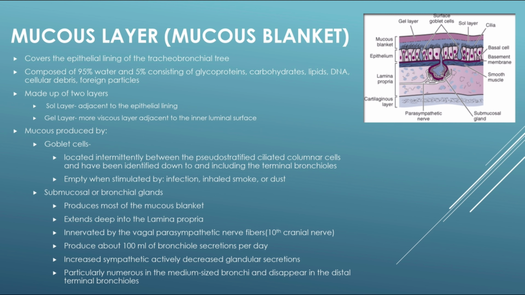It's innervated by the vagal parasympathetic nerve fibers, which is your 10th cranial nerve. It produces about 100 milliliters of bronchial secretions per day. Increased sympathetic activity decreases the glandular secretions. These glands are particularly numerous in the medium-sized bronchi, and then they slowly disappear in the distal terminal bronchioles.